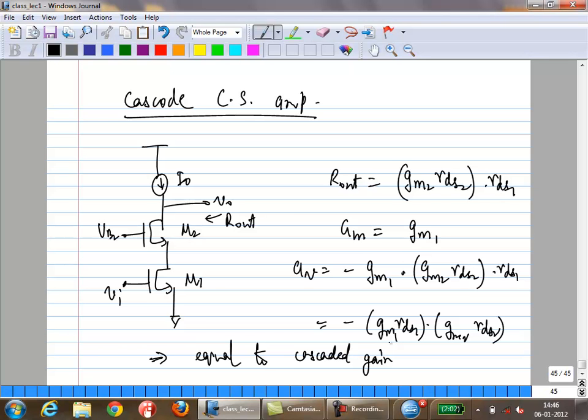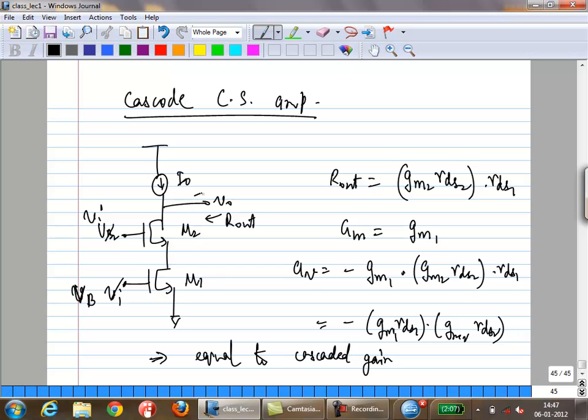Yes? Sorry, the answer changes if? Of course. Definitely it will. Yes, it's a cascode. So which answer would change? Okay, actually let's look at that. What would happen? This was VI. This was VB. Right? Okay.